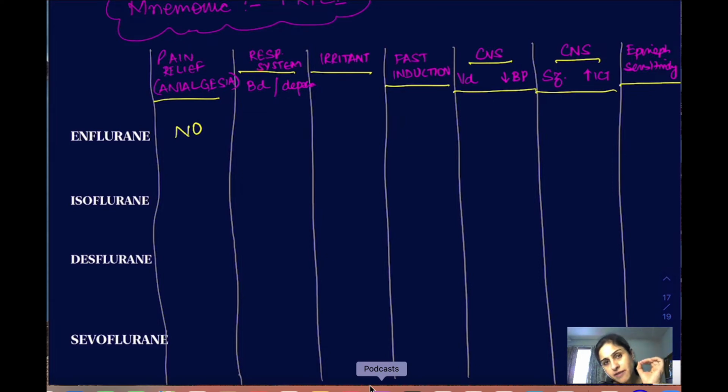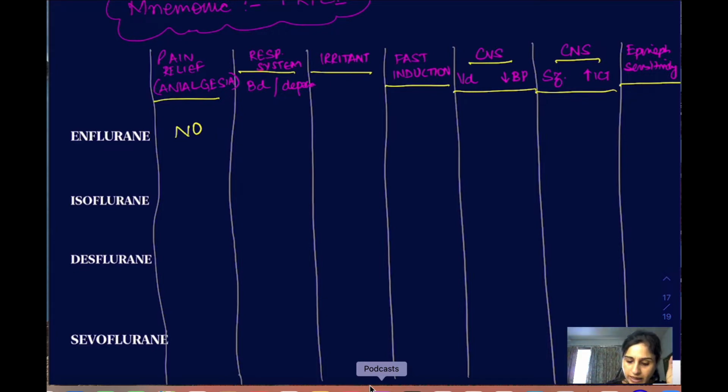Now, the effect on the respiratory system. Because they are central nervous system depressants, they all have a tendency to cause respiratory depression and cardiovascular depression. It depends to what extent they cause that depression.